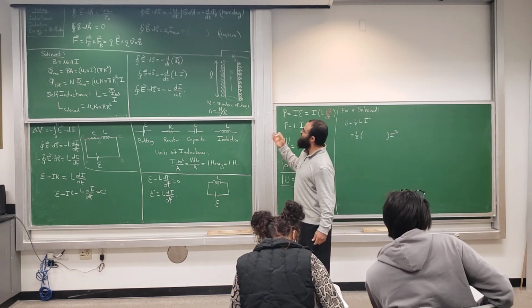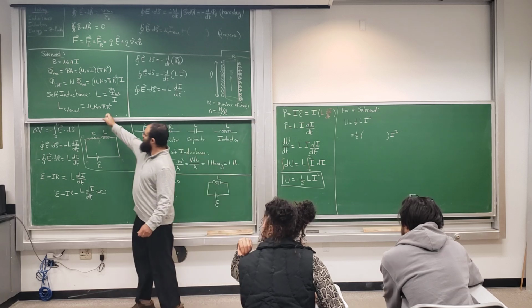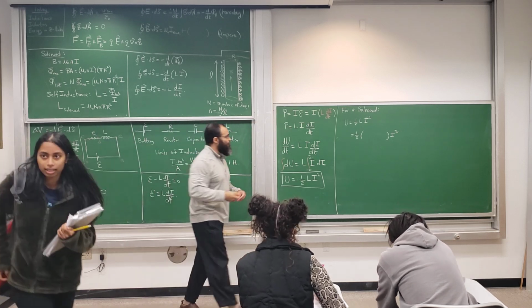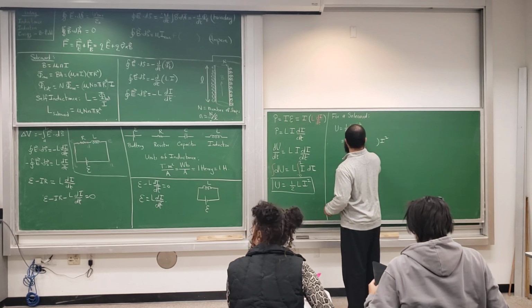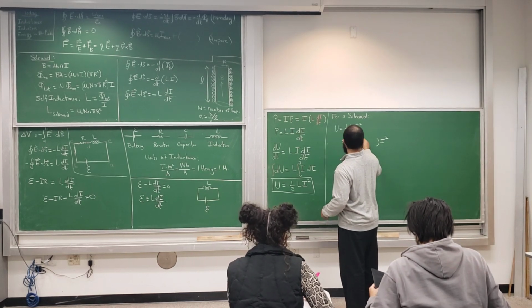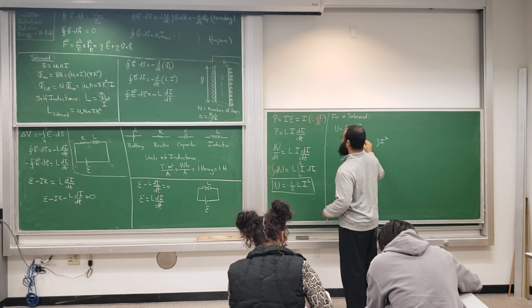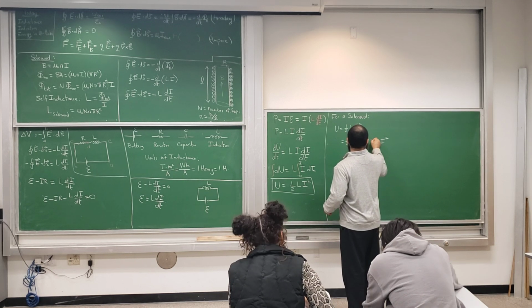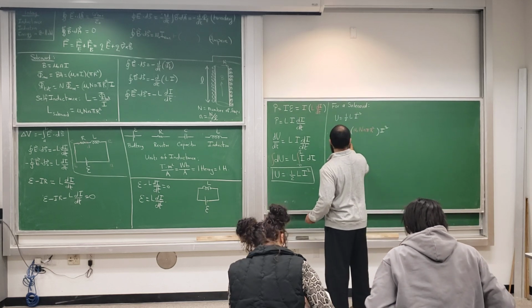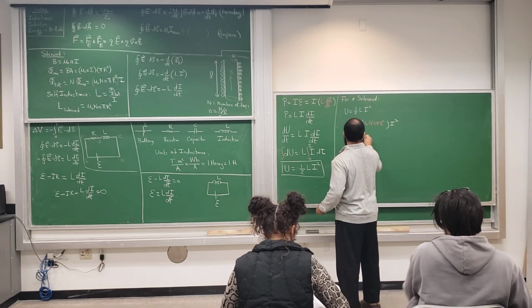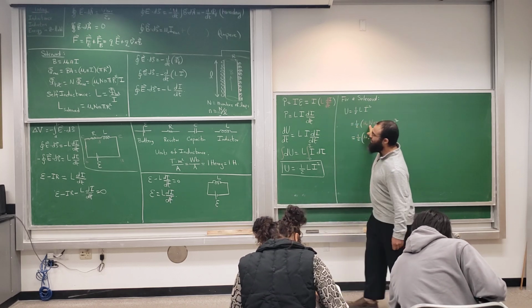It's mu naught, little n, pi r squared, and capital N. Now what's capital N?